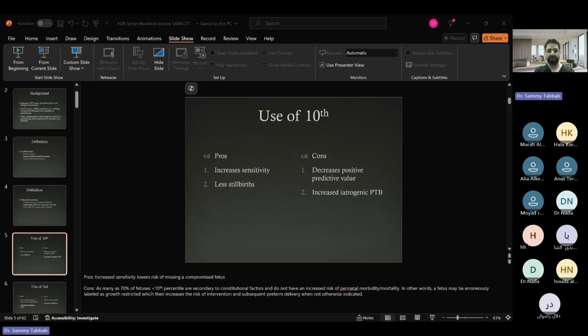So the fetal factors include genetic abnormalities, abnormalities with the anatomy of the fetus, twins, triplets, or higher order multiple gestations, or if there's an infection.